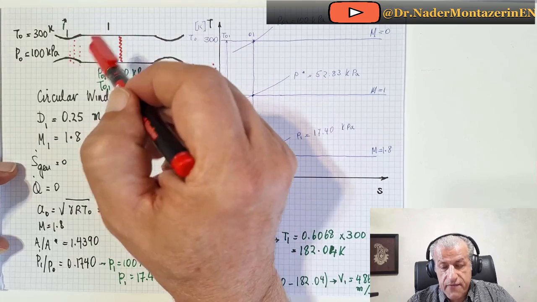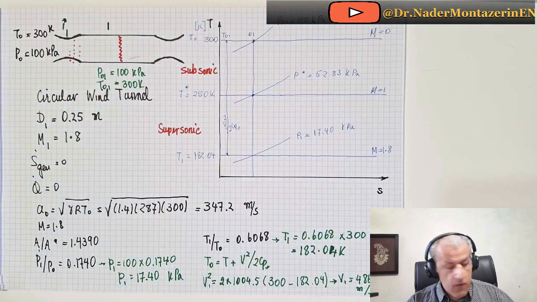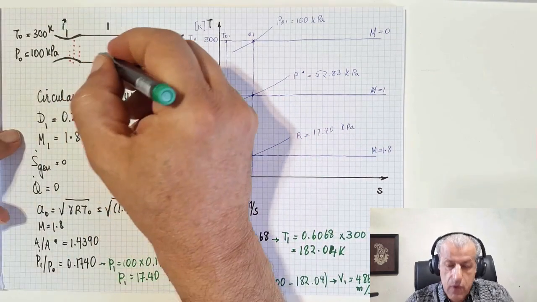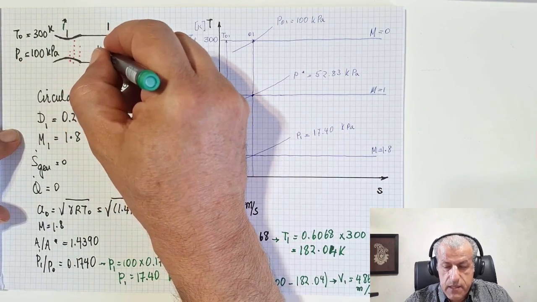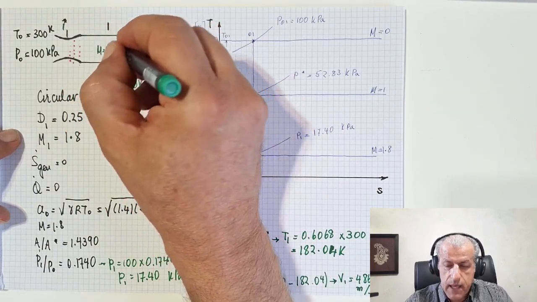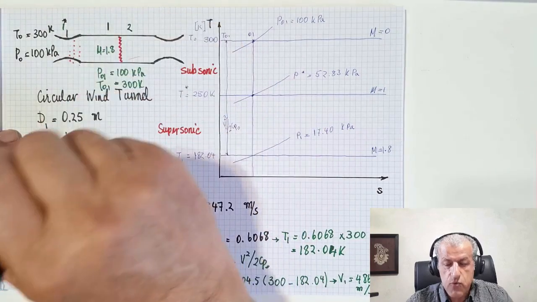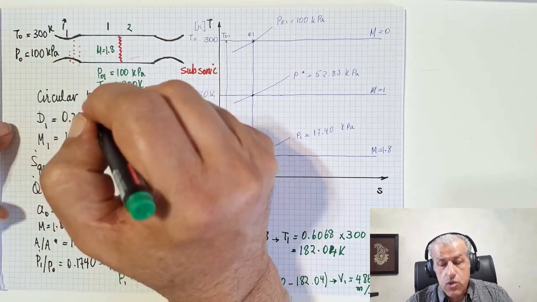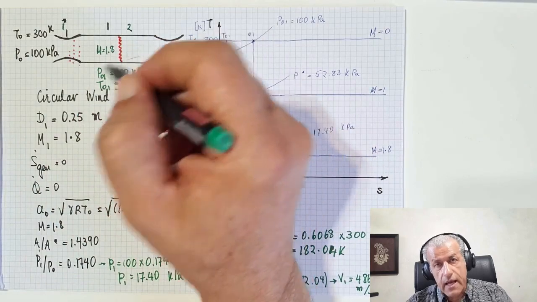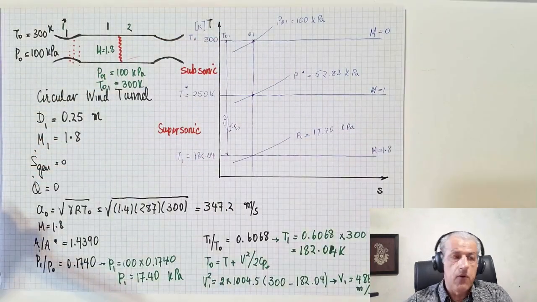What happens after this shock wave? So we have a flow where the Mach number is M equals 1.8. There is a shock wave, and we move to station 2.